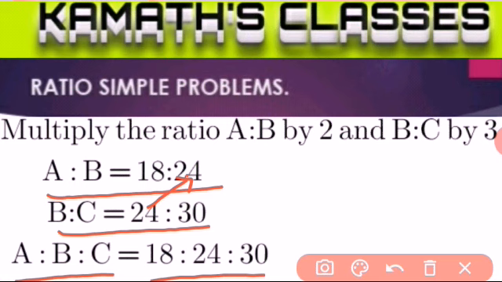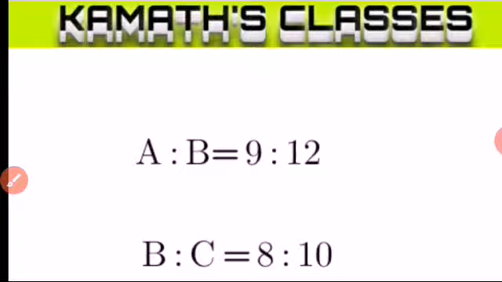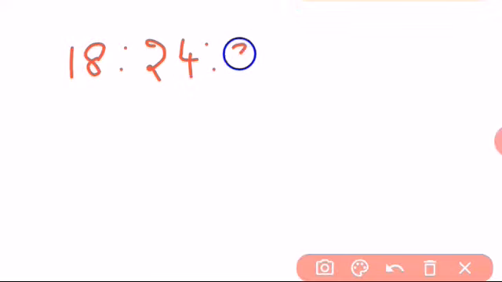You cannot leave the answer as it is. You can directly divide all these by 6. Then what happens? 3 is to 4 is to 5.